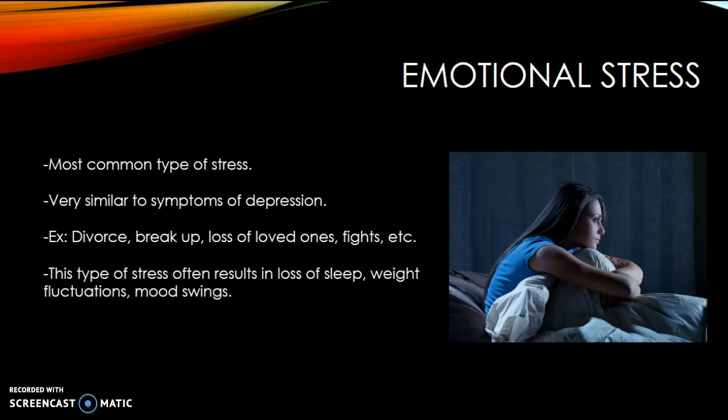Examples are divorce, breakups, loss of loved ones, fights with loved ones, anything like that just really has a severe emotional impact on you. This type of stress often results in so many different things. The number one would be loss of sleep, weight fluctuations, you're gaining weight, you're losing weight, and mood swings are huge with that as well.